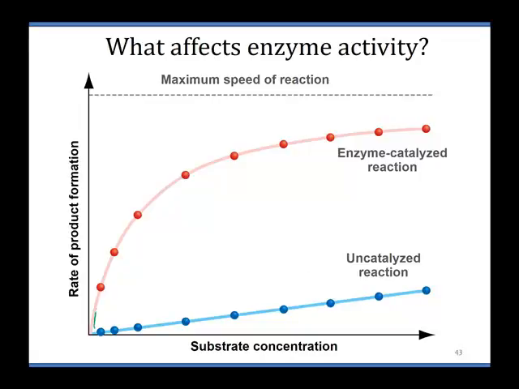And notice when we first start adding the substrate, we really pick up speed, and then we continue adding substrate, but we level off. So after a while, we max out the capability of our enzymes to do that chemical reaction. Now what we could always do is just add more enzyme, and this curve will keep going up, but that takes time and effort from our cells.